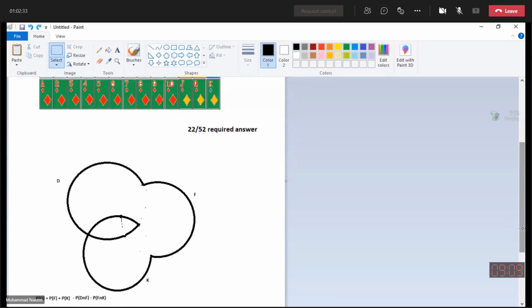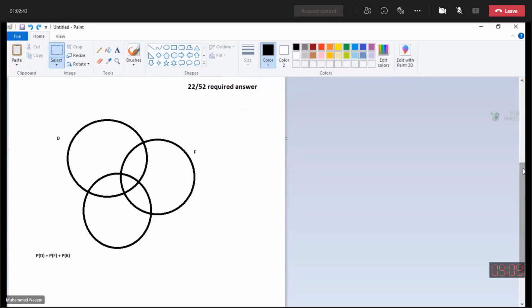This was the situation we have. This was the answer. Now look at this diagram.